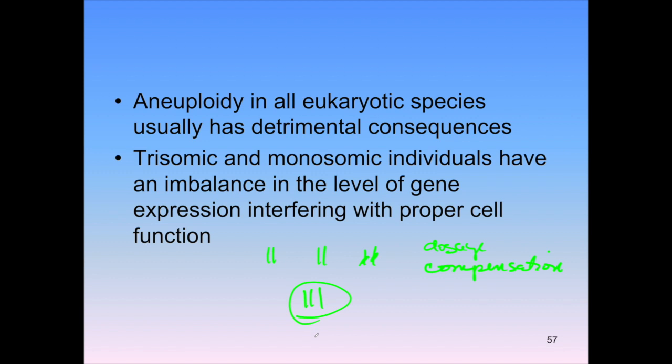So when I have 3 copies, the chromosomes no longer balance each other. That 3rd chromosome is really changing the expression of those genes that are located within that chromosome. So it often interferes with cell function, cell production, development of the organism over time. An example of trisomy is Down syndrome.